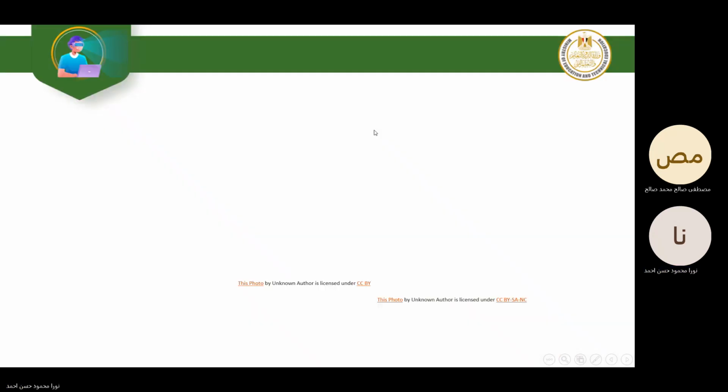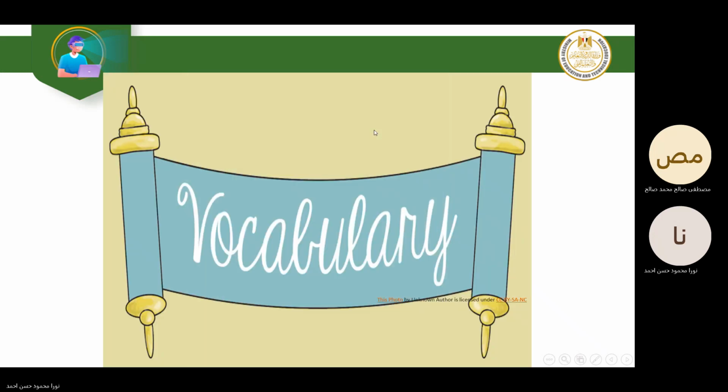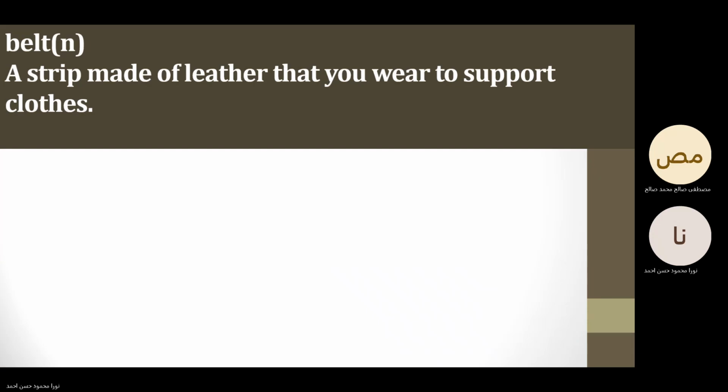So let's study this vocabulary together. The first word is belt. A belt is a strap made of leather, so a belt is mostly made of leather.